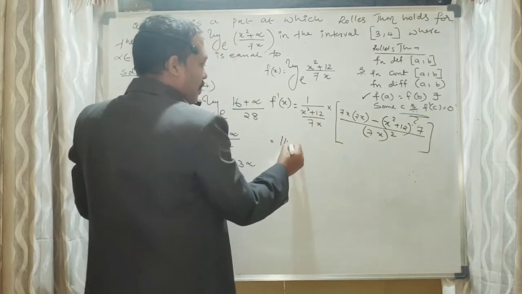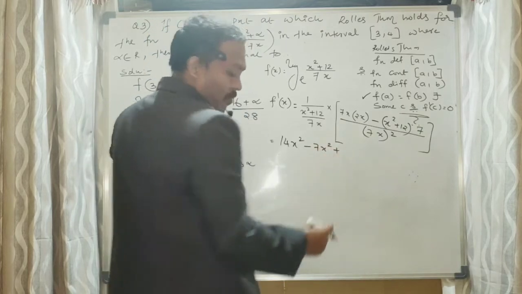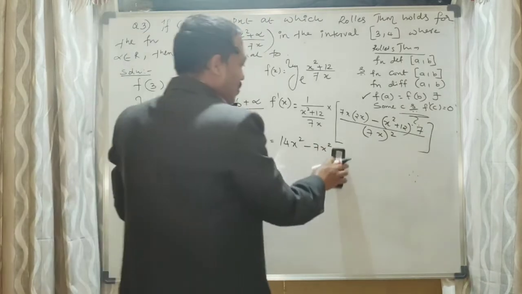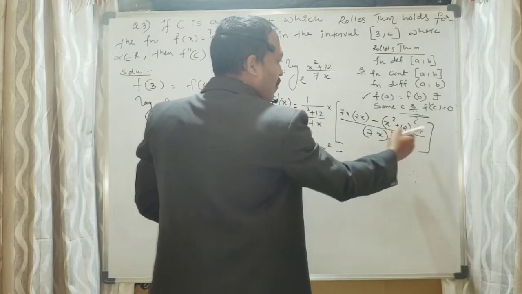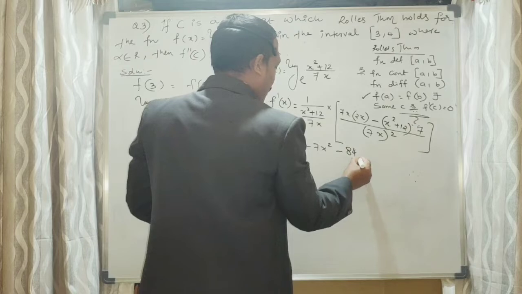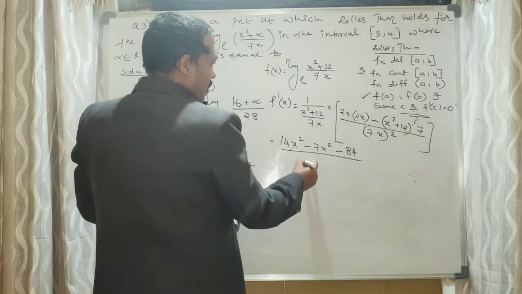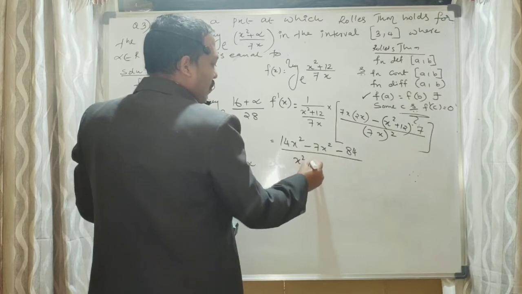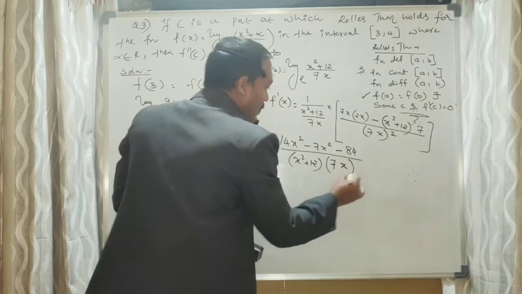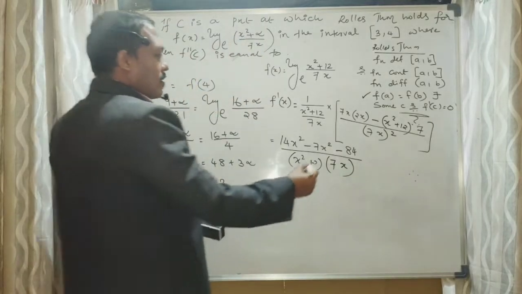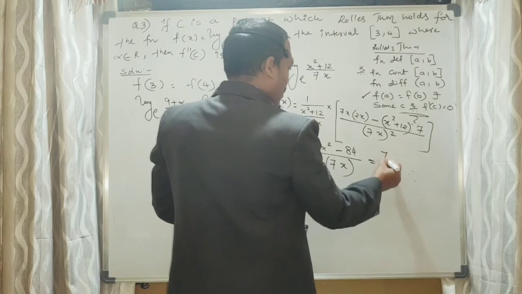14x square minus 7x square, plus or minus into plus is minus 12 into 7 is 84, divided by x square plus 12 into, cancelling these two, here is 7x. The numerator is 7x square minus 84, 7 common.